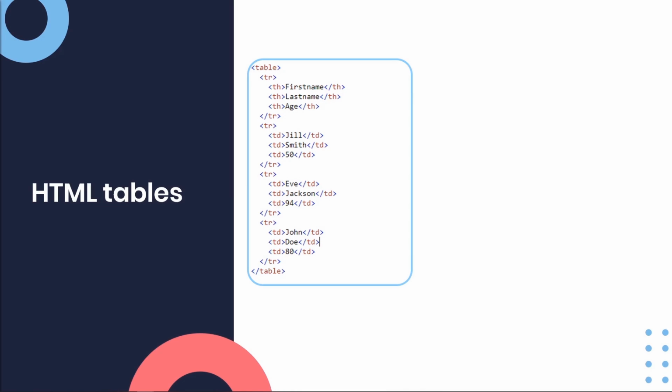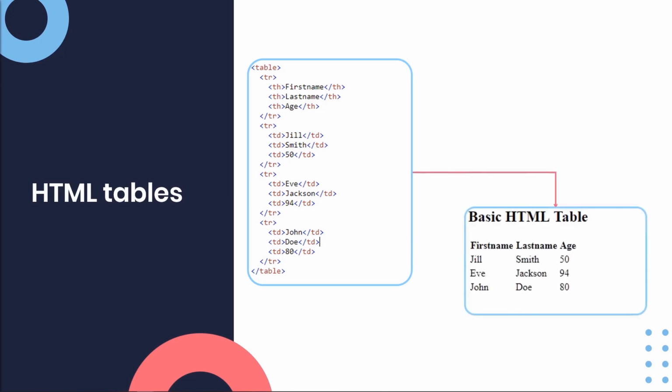And this includes a row for Jill Smith with the age of 50, and so on with Eve, as well as with John. And if we interpret this code, this is what it would look like in our browser. Pretty straightforward, right? Now, I know the code can look slightly intimidating, but let's just break it down piece by piece so we can understand how the structure is interpreted by the browser.